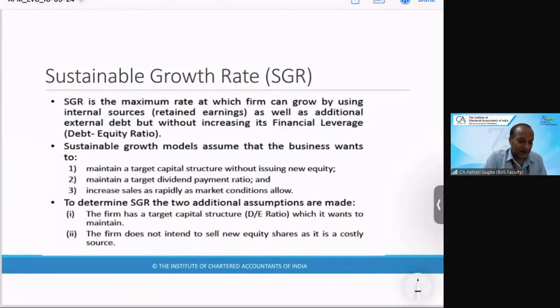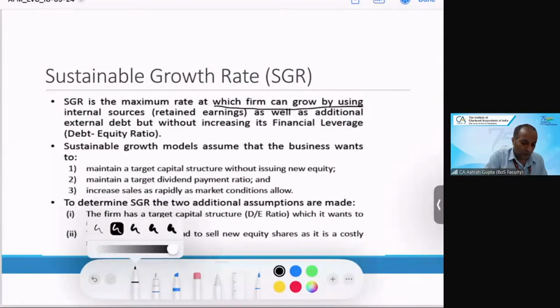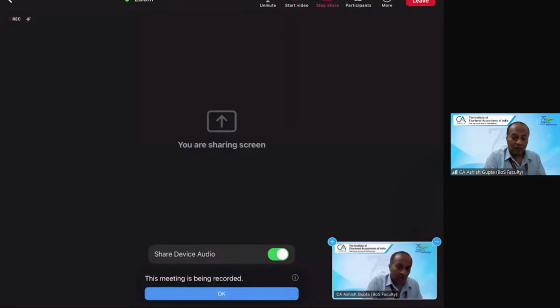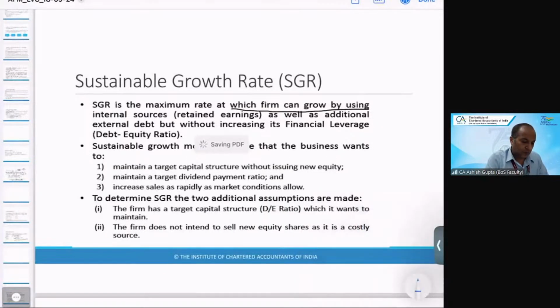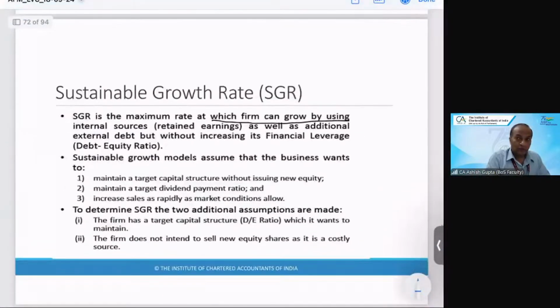Sustainable growth rate is a rate at which the firm can grow using the internal retained earnings as well as additional external debt, but without increasing its financial leverage.